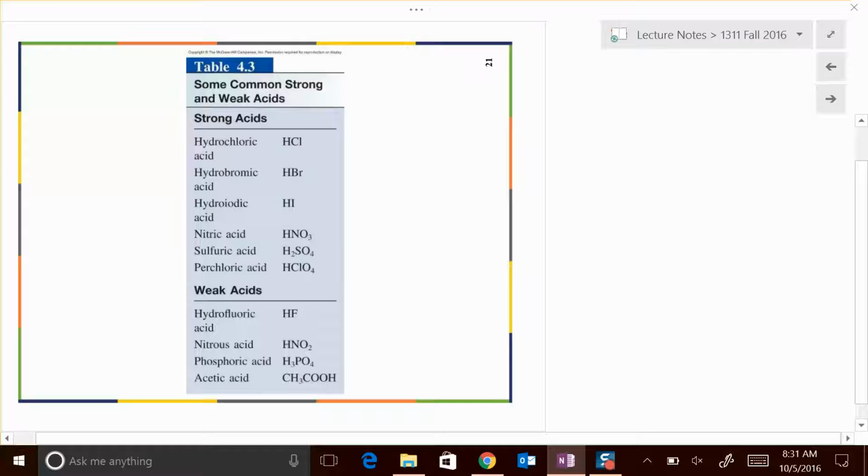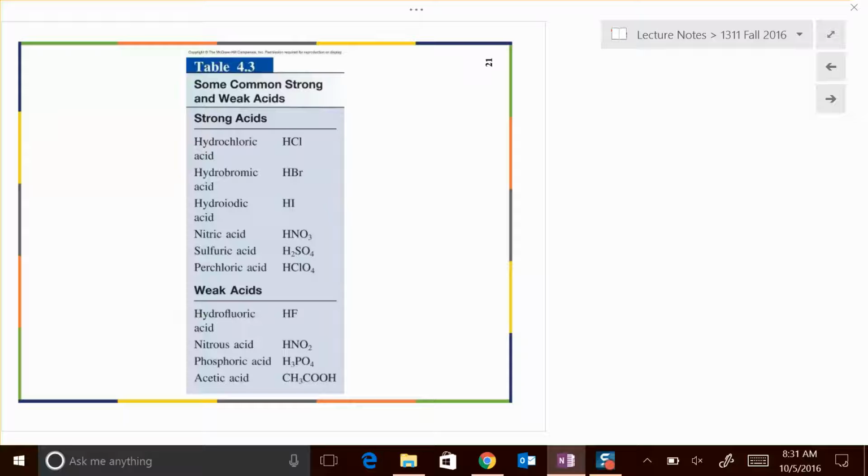Okay, so here's some common strong and weak acids. Okay, and everybody always asks me, Mr. Crandall, how do I know if it's a weak acid or a strong acid? And there are reasons that it's a strong acid or a weak acid, but the best way is to just kind of try to recognize what are the weak acids and what are the strong acids.